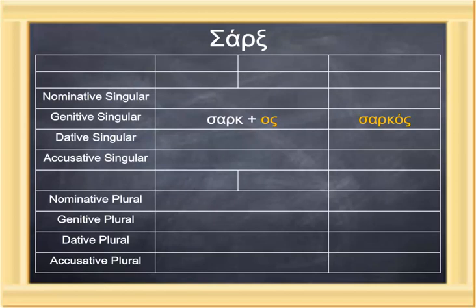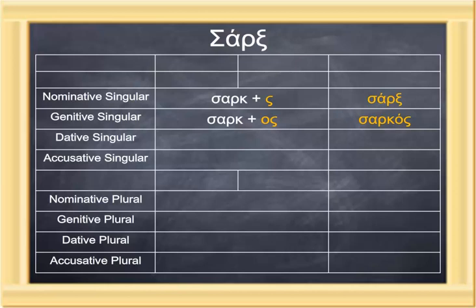When learning a third declension noun, it's always important to know the genitive singular, because in the genitive singular one can see the stem. The stem of sarx is sark, ending with a kappa, plus omicron sigma gives us the genitive singular form sarkos.